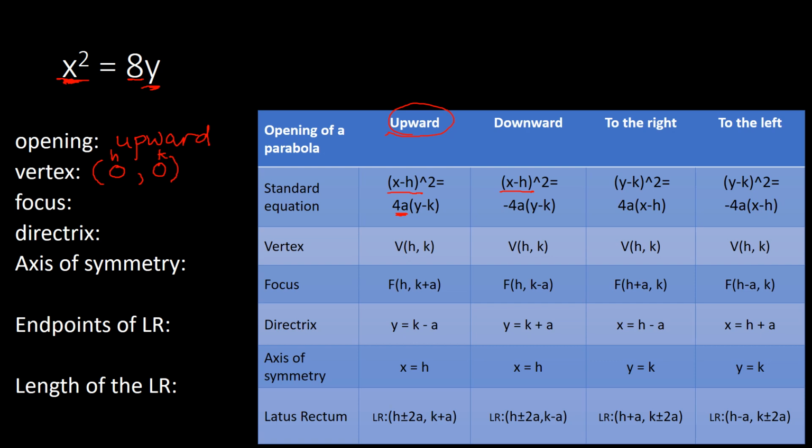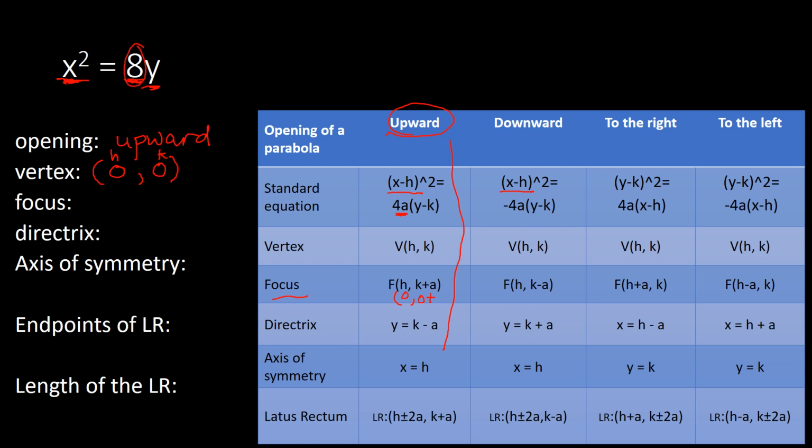So let's now move to the focus. If you look at the focus here on our guide, we have our downward. So you trace that one here on downward. We've got F, which is h, and then k plus a. So our h there is 0, and our k there is 0 also, and our a is unknown. Now to identify your a, all you have to do is look at the number multiplied to a non-squared variable and divide that by 4.